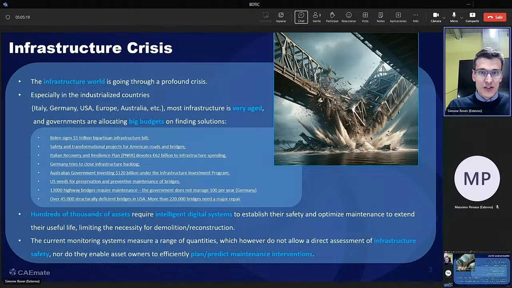All our infrastructure is aged, it is old, and there is the need of a solution that could reliably establish if the asset is safe or not, and through predictive maintenance could extend the useful life of the asset.